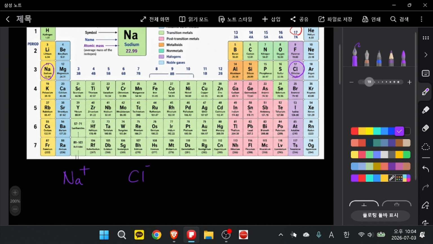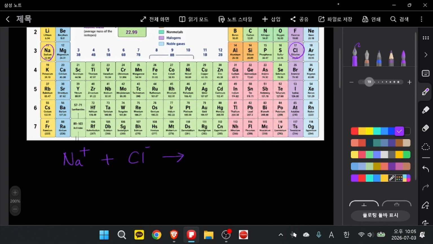Since one positive charge and one negative charge balance each other, they combine in a 1-to-1 ratio. So the formula is NaCl. When writing an ionic compound, we always write the cation first and the anion second.